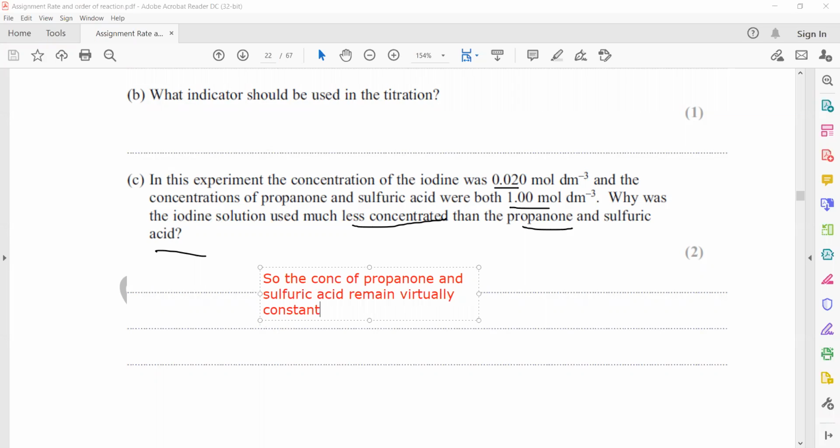A small amount will be used, a change will be there, but virtually it is constant because it's in too much excess. And the change in concentration of iodine has an effect on the rate.